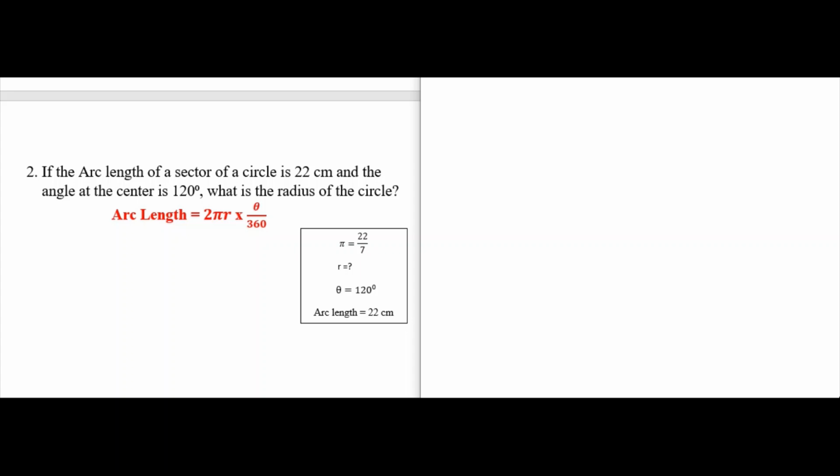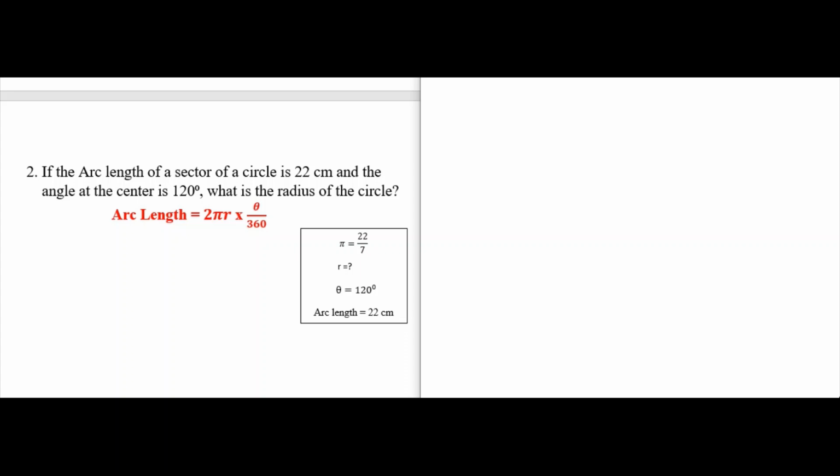That doesn't mean you will only be asked to find the arc length of a given sector. Since we have a lot of unknown values in this equation, they might ask you to find different unknown values by giving you the rest.